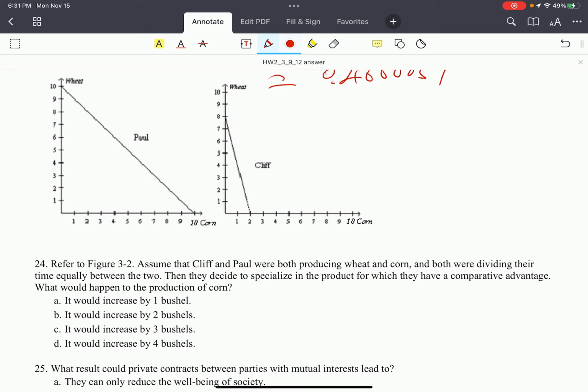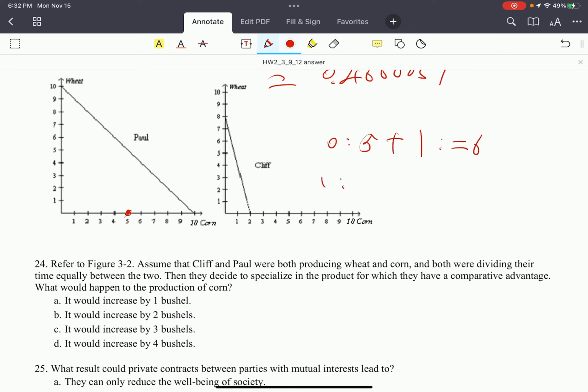Okay, so first, you can see that before specialization, both Paul and Cliff will divide their time equally, which means Paul will produce 5 units of corn, and Cliff will produce 1 unit of corn. So it should be 6.